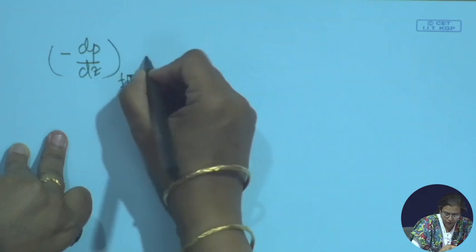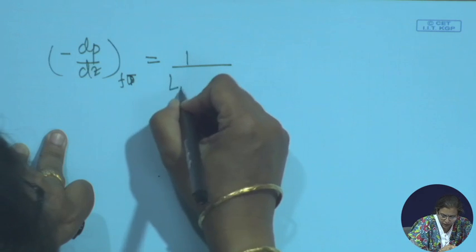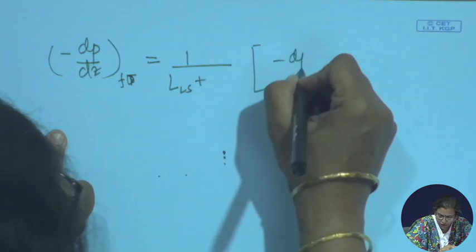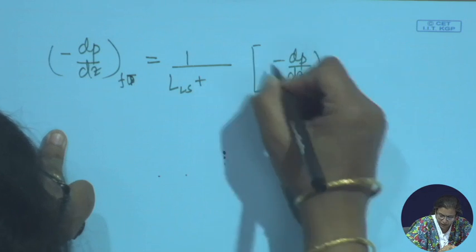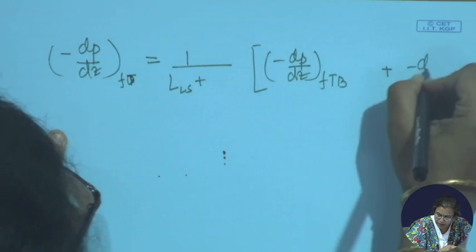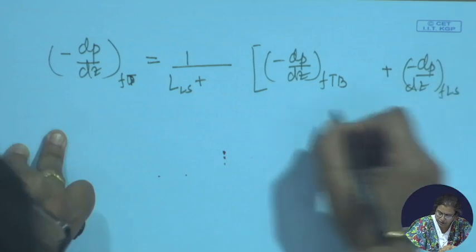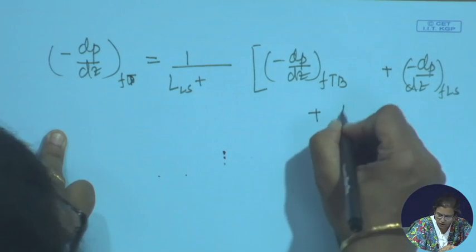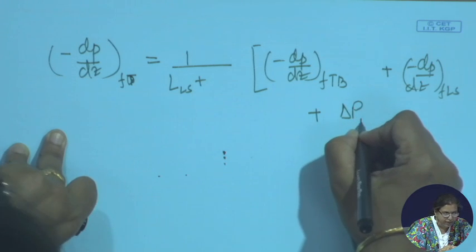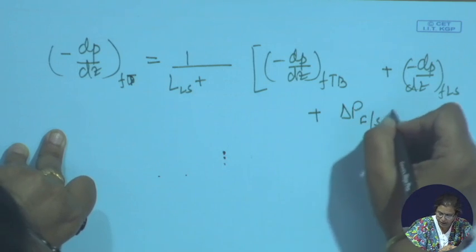So, therefore, the frictional pressure gradient should comprise of the pressure gradient in the Taylor bubble region, the pressure gradient in the liquid slug region, and it should also comprise of the pressure gradient due to the drainage of the liquid film into the liquid slug at the Taylor bubble.